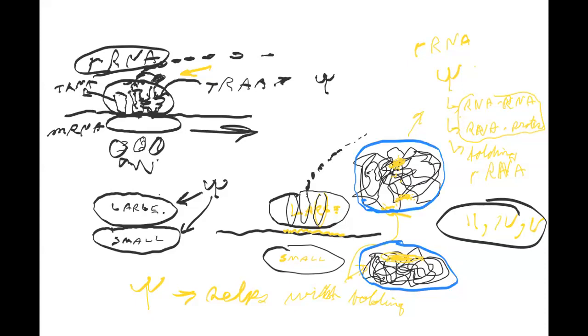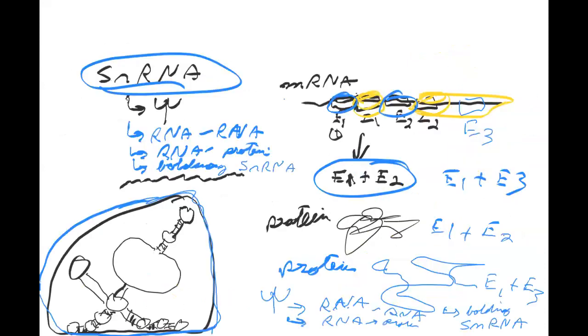Now, here, the small nuclear RNA helps with the splicing, right? It also stabilizes the RNA interaction, the RNA protein interaction, and also the folding of the small nuclear RNA.